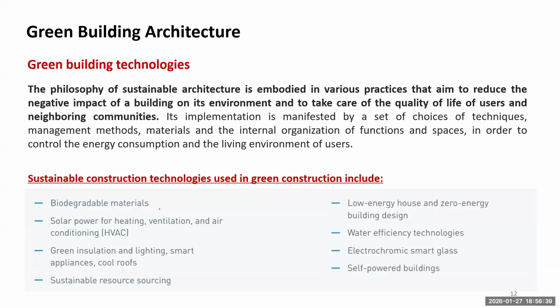So try to make full use of the natural resources such as solar energy and the cold universe, and also choose a thermally insulated building envelope to reduce the heat gain of our building and the cooling load.